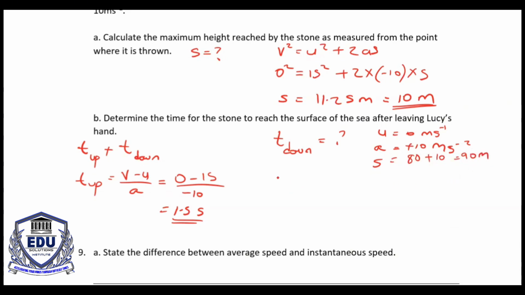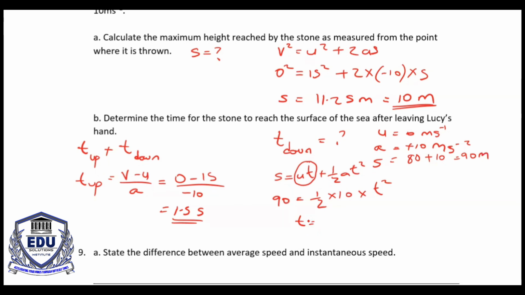All right, so we can find T by using S is equal to UT plus half AT squared. We do not have U, so therefore U is 0, so that means that part is 0. So we put in 90 for the S, half of 10 multiplied by T squared. So therefore we get T squared to be 90 divided by 5, which is 18.